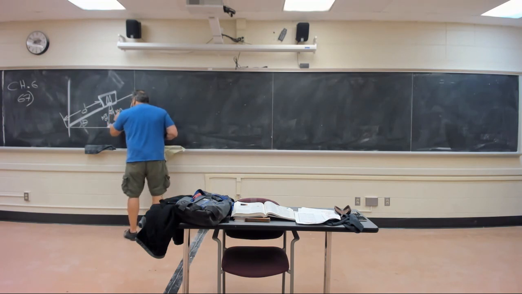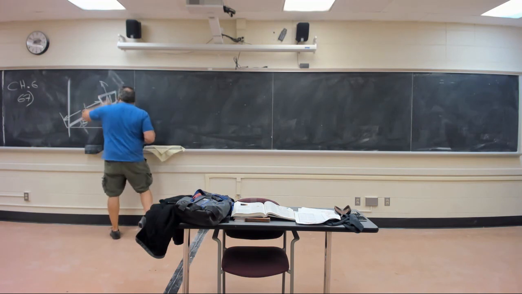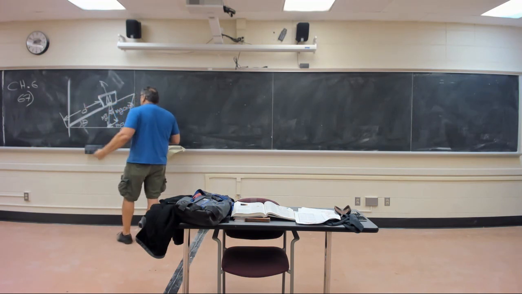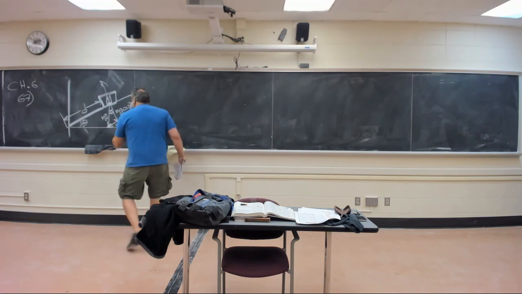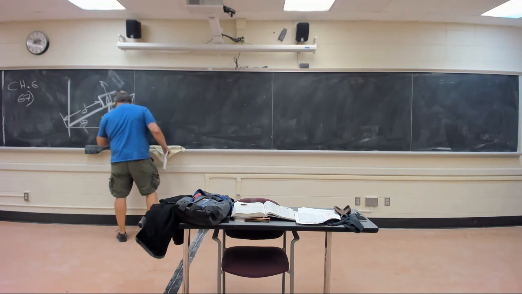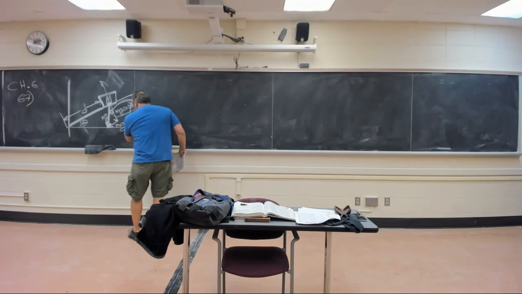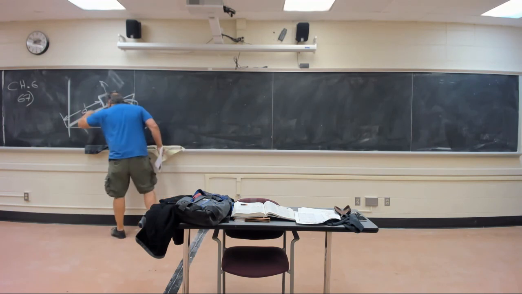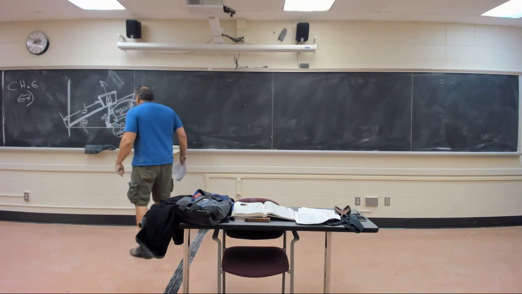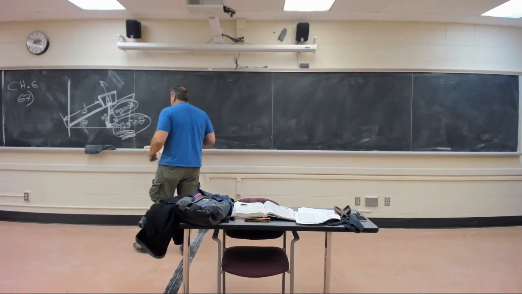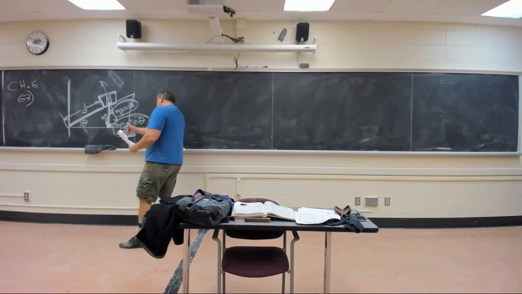This is mg cosine theta. There's a normal force here, but it doesn't really amount to anything, because there's no friction. So we can't really do much about it. This is mg, but this is the slide down component. That's important. This slide down guy wants to go down this way. You've got to rotate it in such a way that this thing wants to fire out the other way.